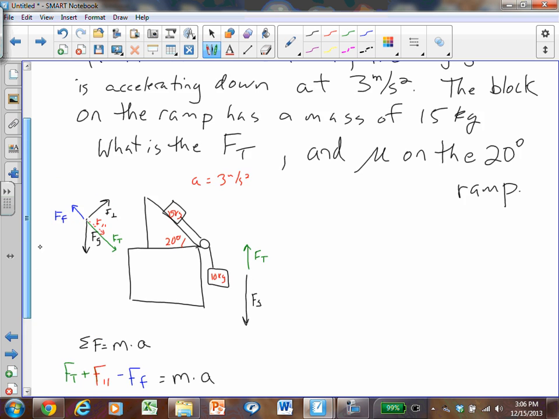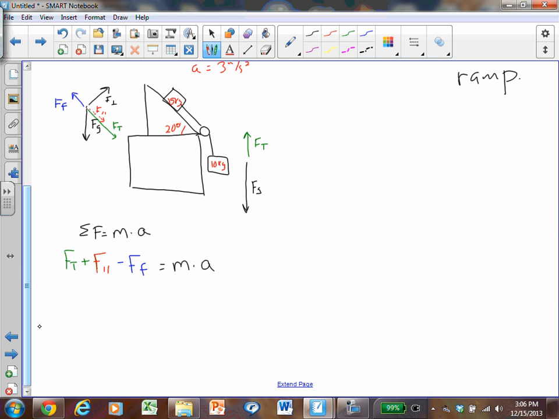Well, Ft we don't know, but F parallel would be 15 newtons times the sine of 20 degrees, and FF would be mu times 15 newtons cosine of 20 degrees equals a mass of 15 kilograms times 3 meters per second squared.